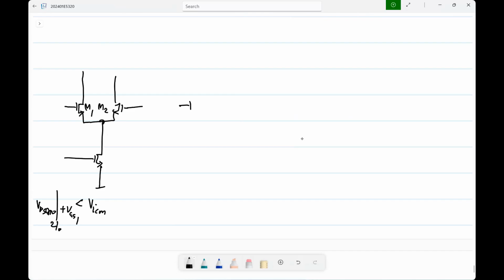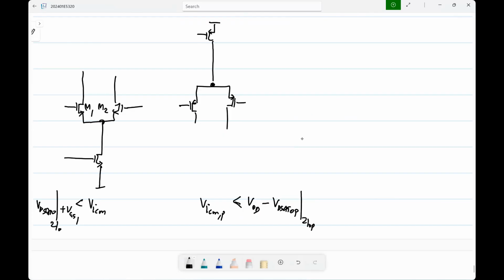And then if you have a PMOS differential pair, the opposite happens. So for this, I'll just put a subscript P. It has to be less than VDD minus VDSAT 0P at a current of 2 I naught P minus VGS 1P at a current of I naught.